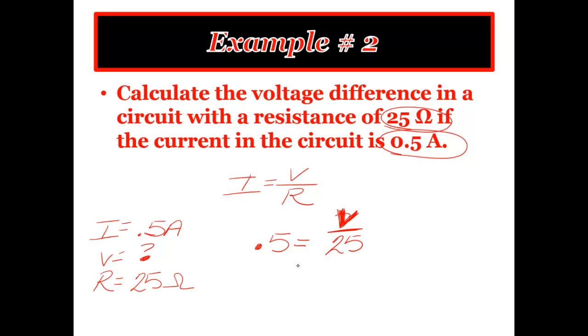Now, mathematically, if you have the side and the bottom, all you have to do is multiply them together. So I'm going to take my handy dandy calculator and simply take 25 times 0.5, which is 12.5.